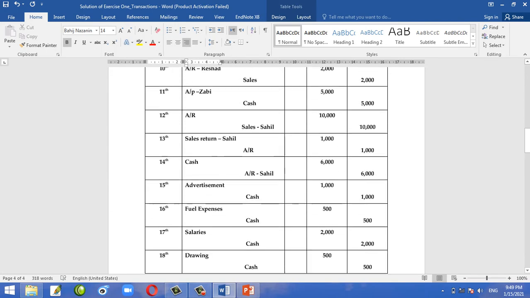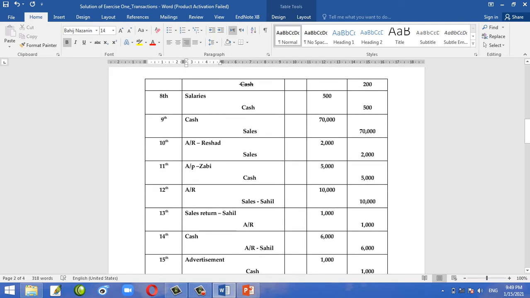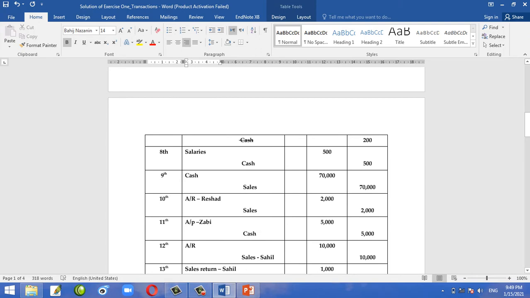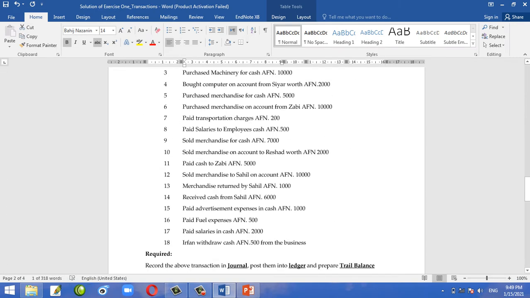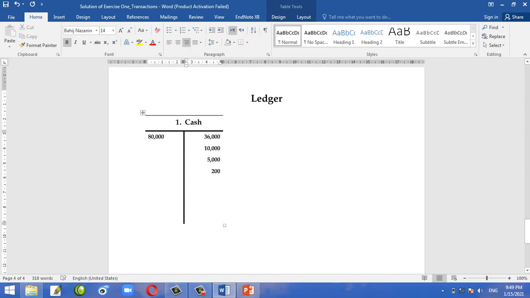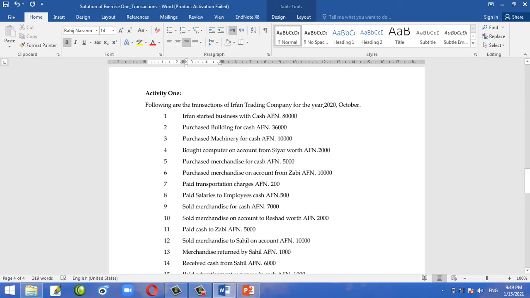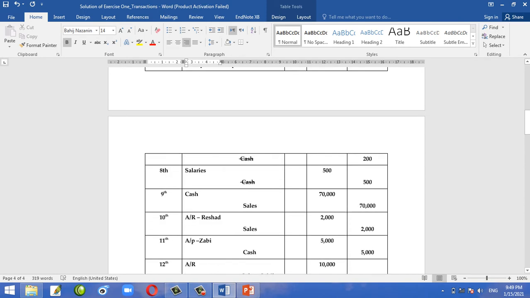Now come to the other one. Do we have cash? Yes, in eighth one, we have cash as credit 500 Afghanis. We'll record 500 Afghanis here.